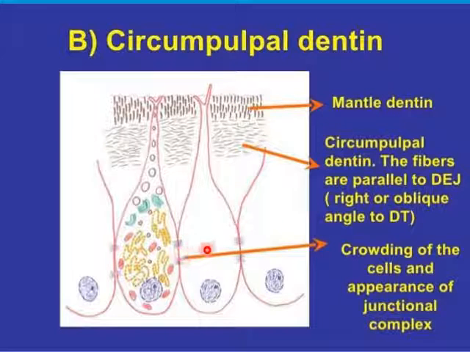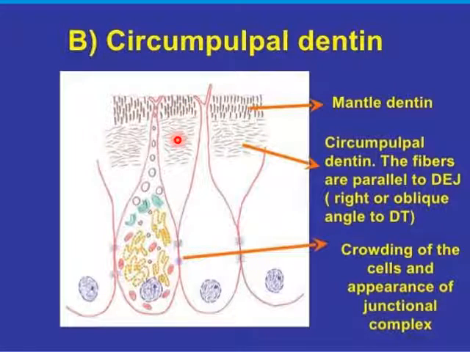Also, between adjacent odontoblastic cells there are tight junctions and junctional complexes during the secretory stage of the odontoblast. And this is the odontoblastic process, or Tomes' fiber, which is present inside the whole thickness of the dentin, formed inside the mantle dentin and circumpulpal dentin.